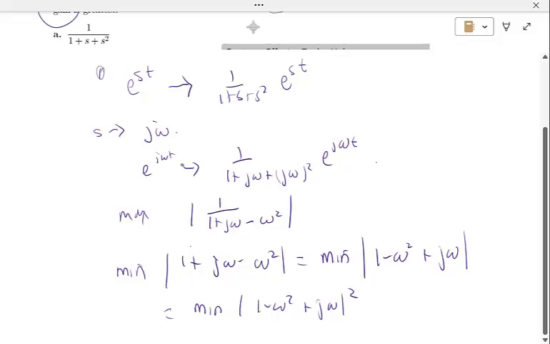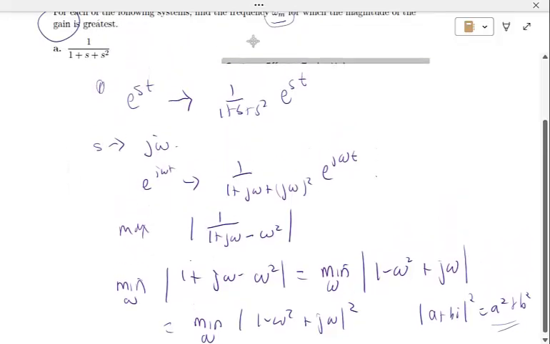Now the modulus squared of a complex number has a particularly simple form, right? The modulus squared of a plus bi is equal to a squared plus b squared. Right? So you're just trying to minimize this function, and it's a simple calculus problem.